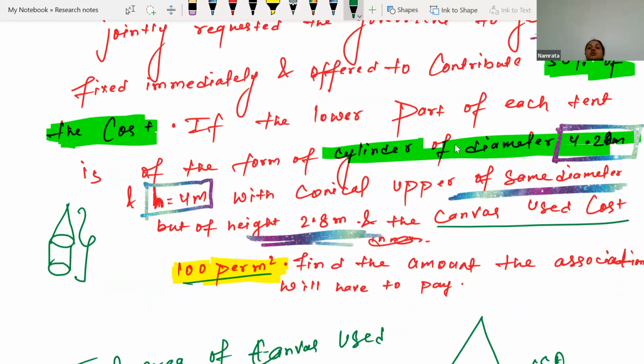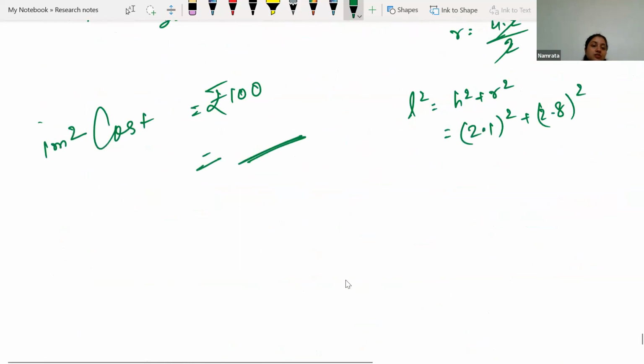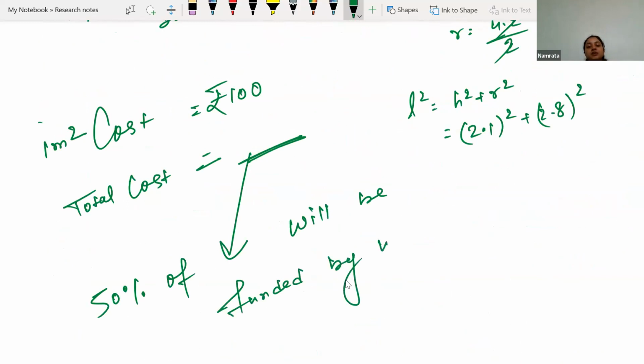The welfare association will fund 50% of the cost, so 50% of this total cost will be funded by the welfare association, and that will be our answer.